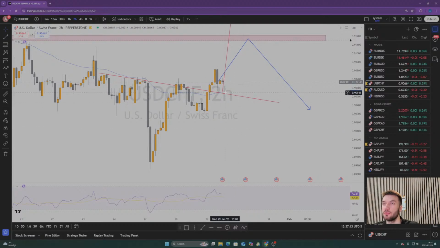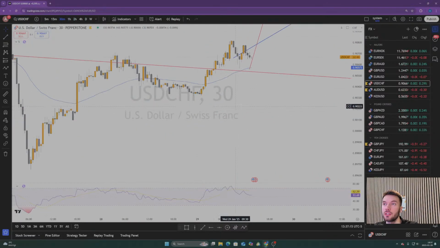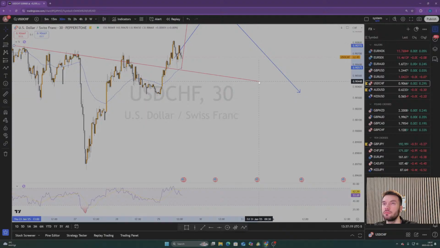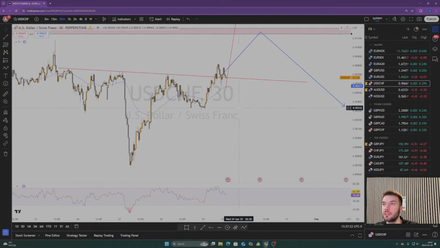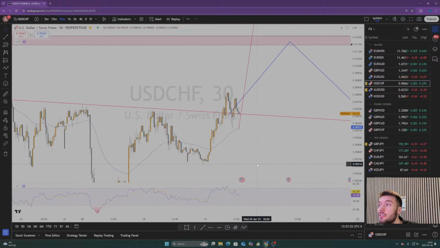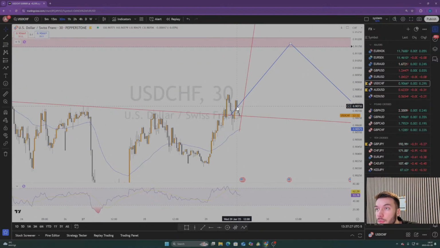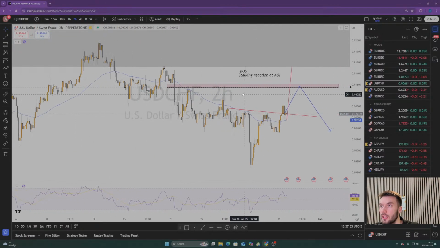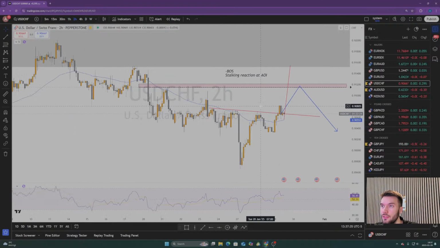If we get some sort of bullish reaction here on this level, to make it a little better. Okay, that's a lot better actually. We did get some sort of reaction here on the 30-minute bullish engulfing. Came back down. Not convinced.